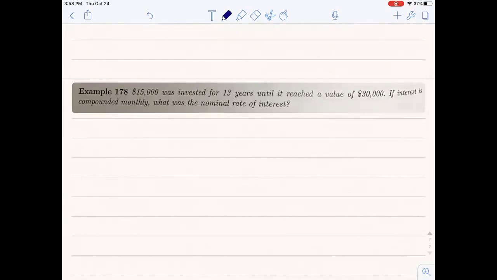If interest is compounded monthly, what was the nominal rate of interest, right?